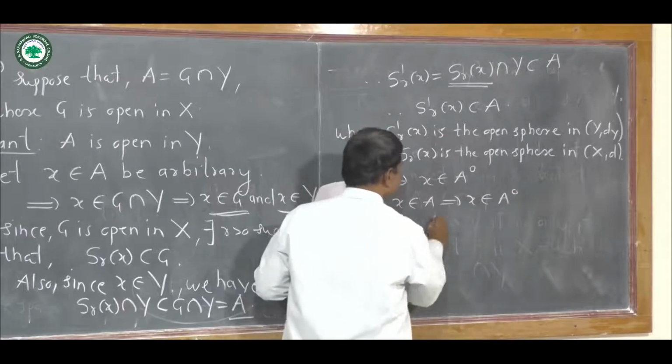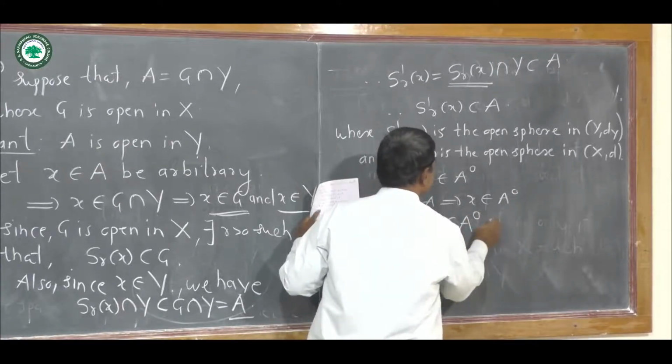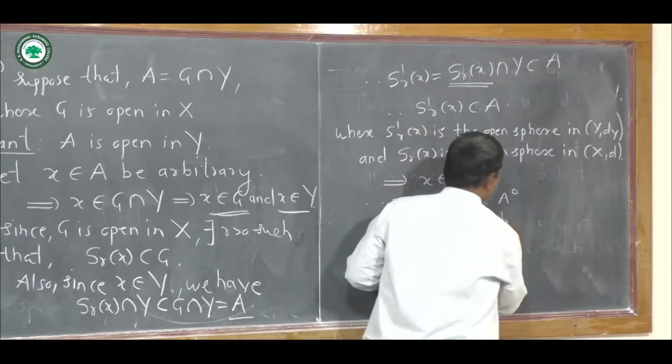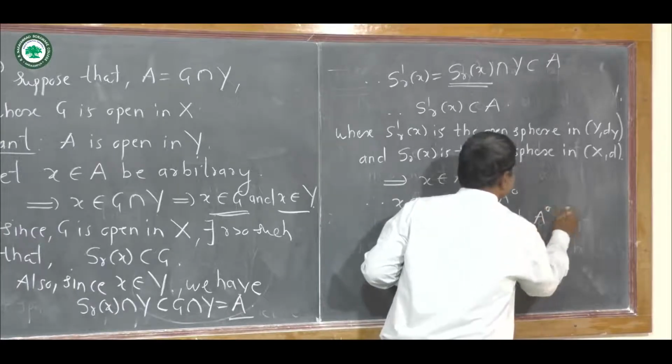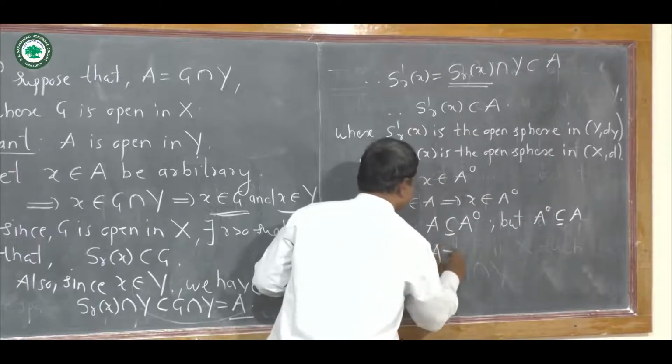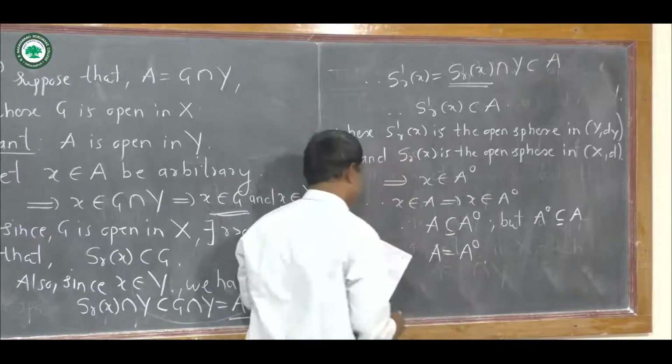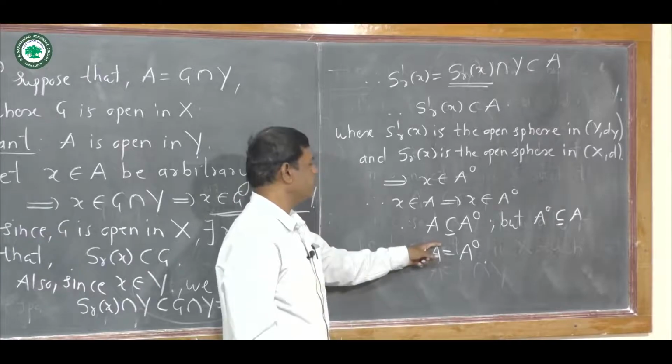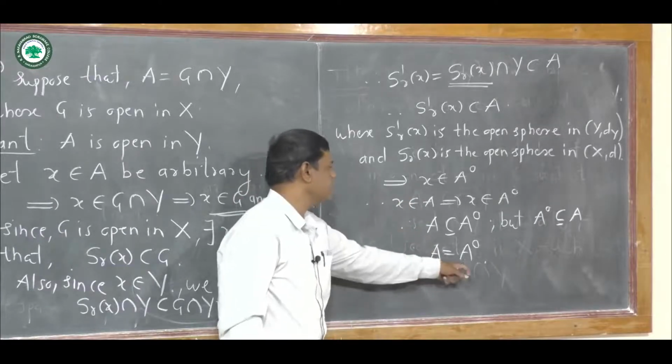So therefore set A is contained in A interior. But we know that A interior is always contained in A. So therefore A is equal to A interior, which means that this set A is open.